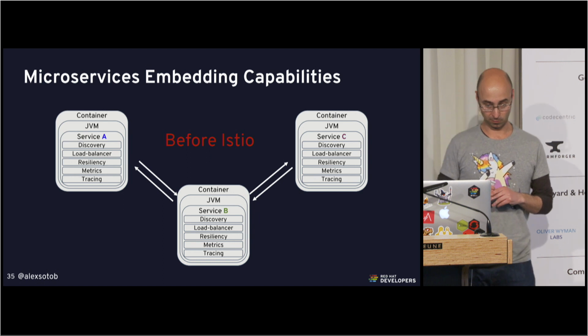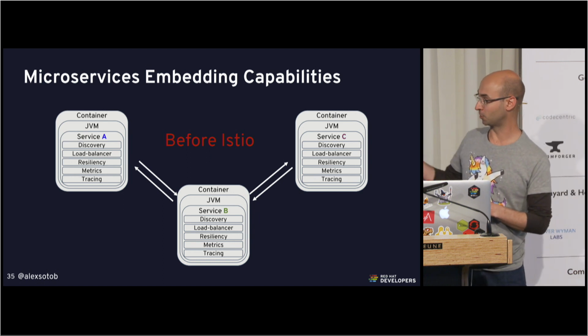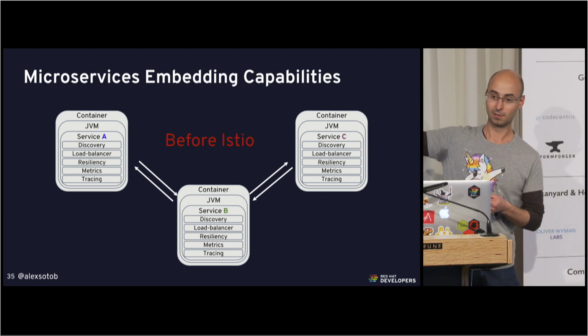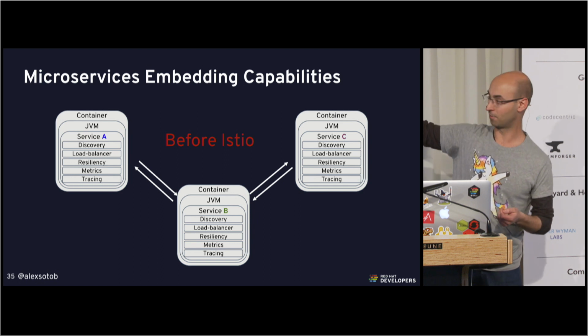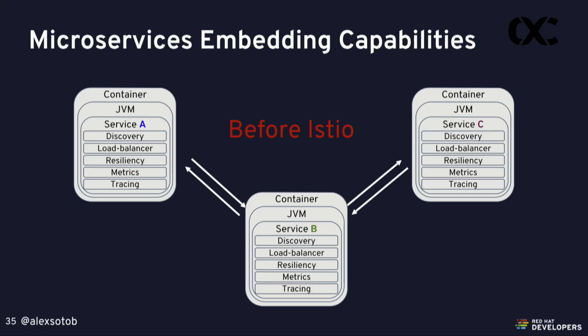Basically, what you're doing is something like this. Before Istio, we have all our services. If you're in the Java ecosystem, you have the JVM, then you put the JVM inside a container. And then you have all these, I like to call them cross-cutting concerns, like how to discover another service, how to do load balancing, how to do resiliency. Probably most of you are using Hystrix for this, right?